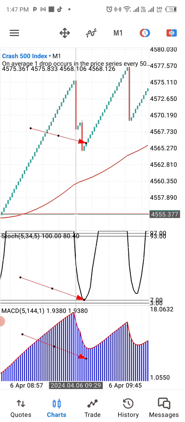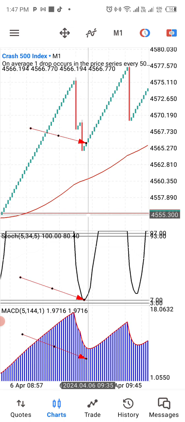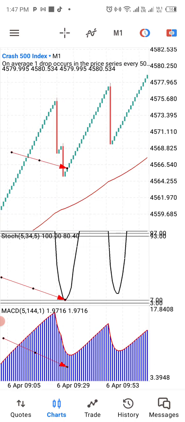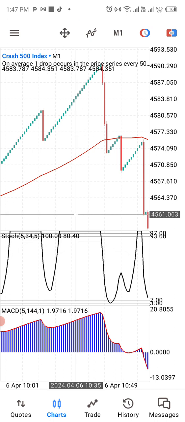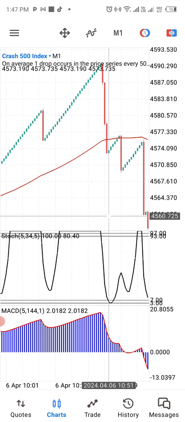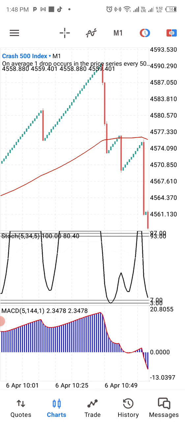Now let's check for another valid signal. This is our first valid signal on crash 500, around 9:34 Nigerian time. Now let's check if we are going to spot another valid one. Look at this one. MACD is above zero line, but this particular price is below the linear weighted moving average, which is invalid.